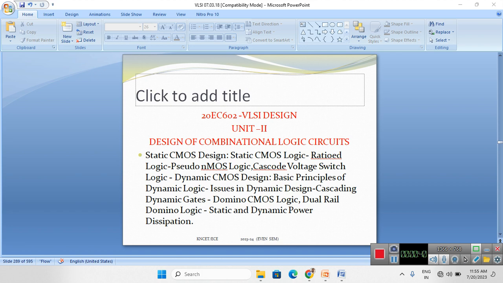These three logics we study in this unit, and also some other logics, that is domino CMOS logic, dual rail domino logic, and finally, the most important one, static and dynamic power dissipation. This is a very important question in this unit.